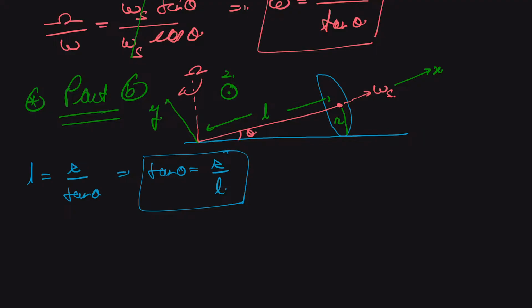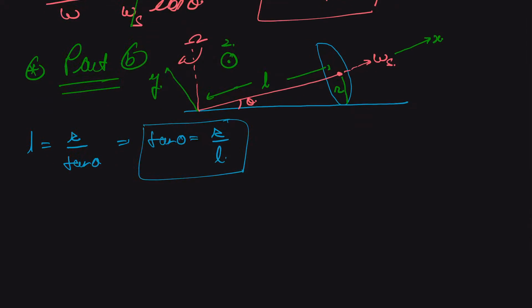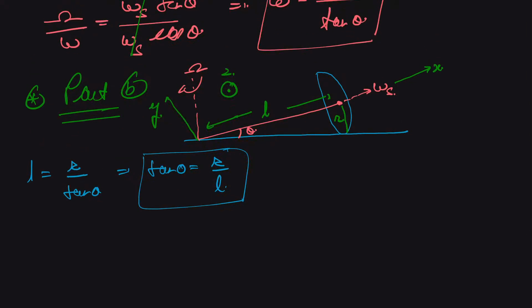And we can find out the moment of inertia about the respective axes. Let us find out the moment of inertia about the x-axis, and we call this I of x. For the y-axis we call this I of y, and for z obviously it will be 0, but still we can call it I of z.